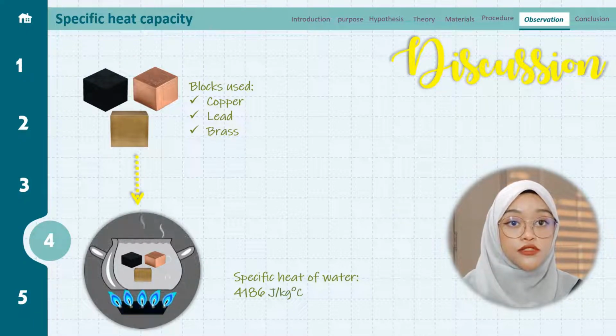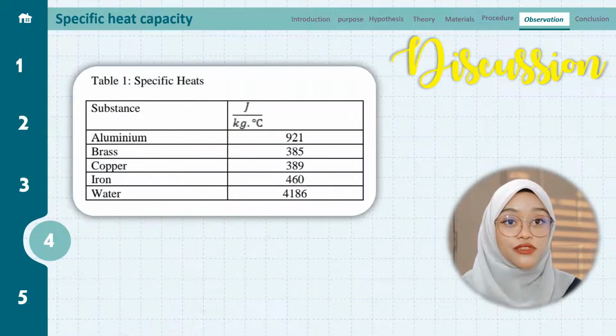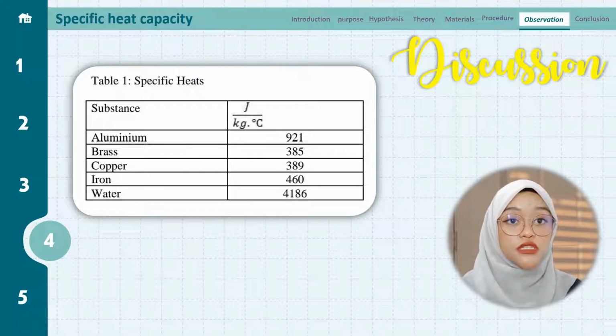Each method causes the temperature of the water to rise to a different final temperature. According to table 1, the specific heat capacity of aluminum is the highest. It is followed by iron, copper, and brass. This indicates that each metal absorbs energy in a different way.